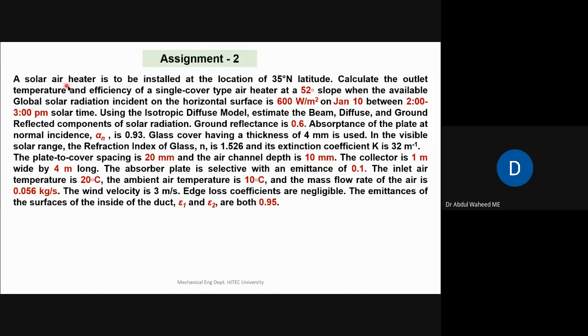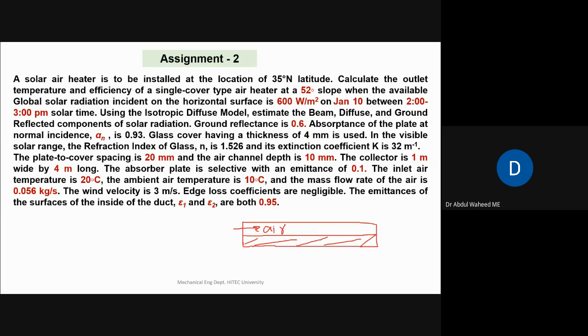It's an air heater, right? So air heater कौन सा single cover type? Single cover type means this is glass cover and this is absorber plate, or single cover means only one glass cover, one absorber plate, and air is flowing through that space.